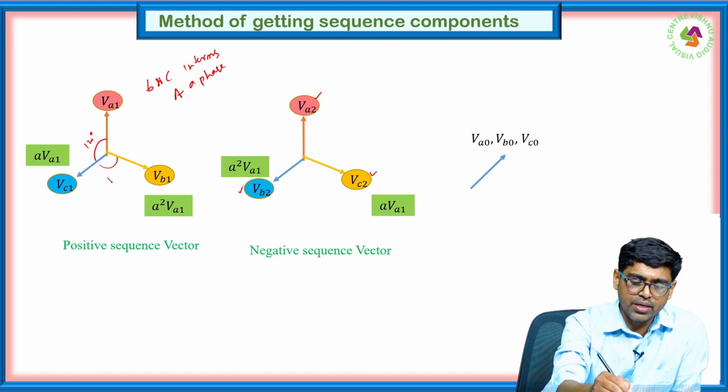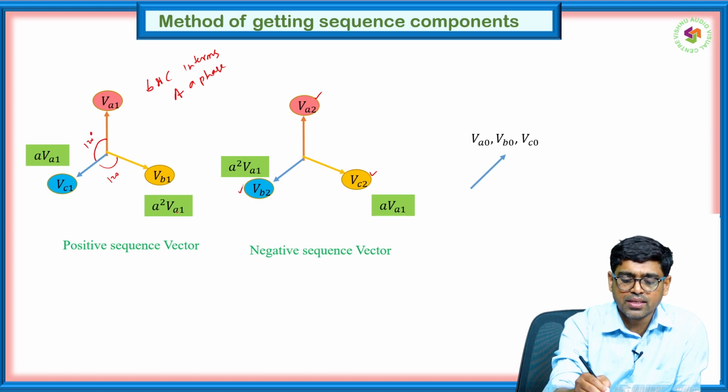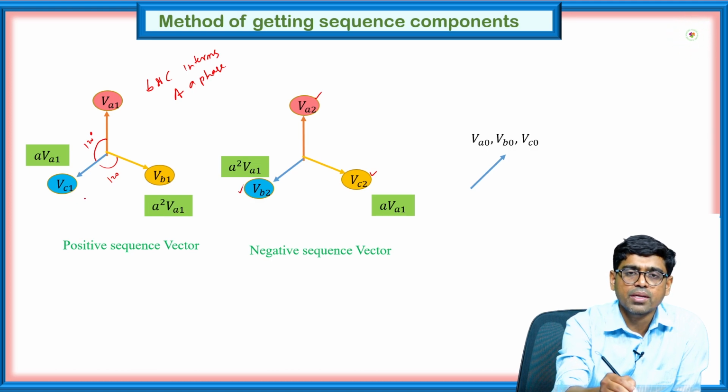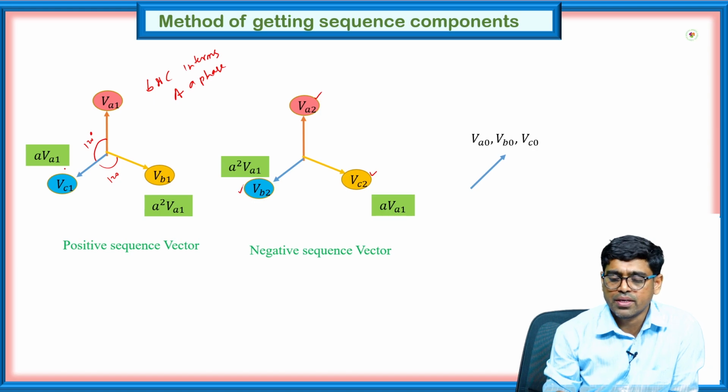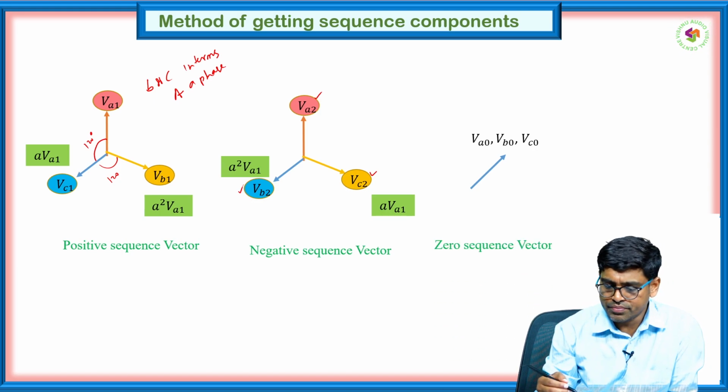After another 120 degrees it is a squared times VA1. So VB1 can be represented as a squared times VA1, and VC1 as a times VA1.